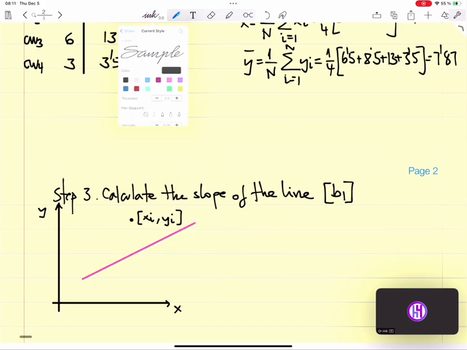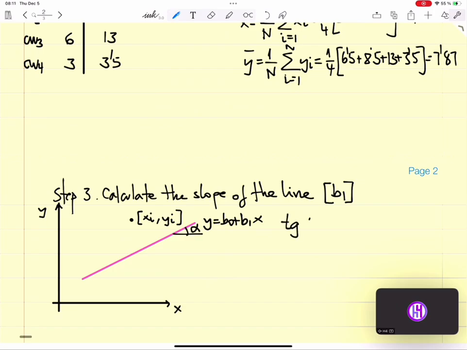And this has the equation y equals b0 plus b1x. This is then alpha, okay? And we know that the tangent of alpha equals b1, okay?